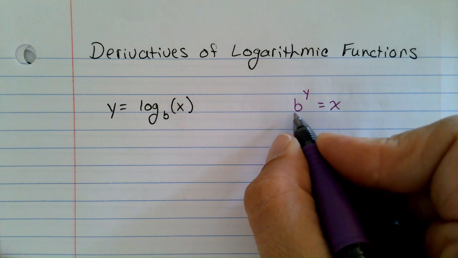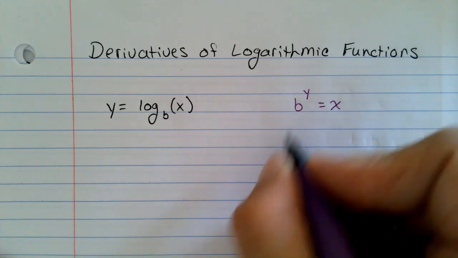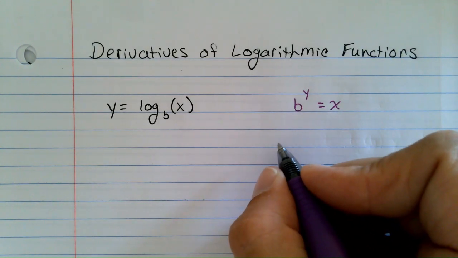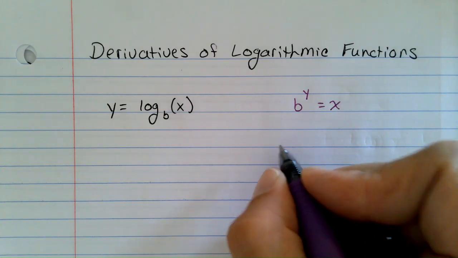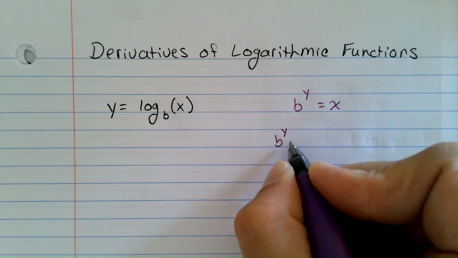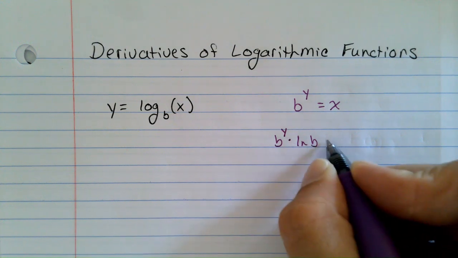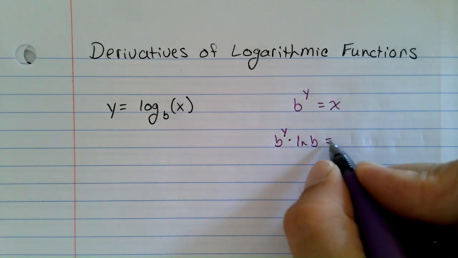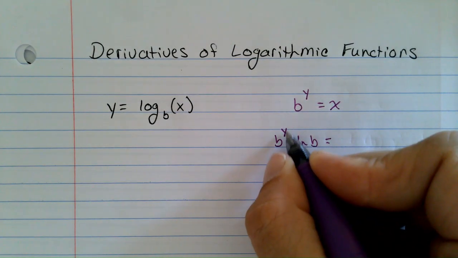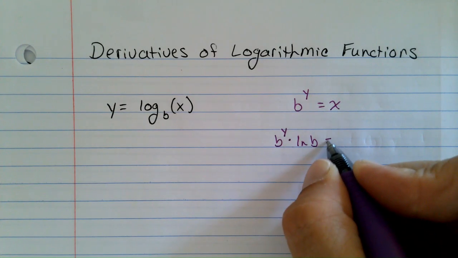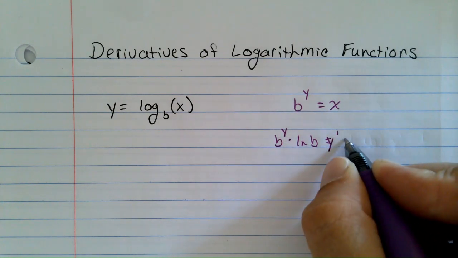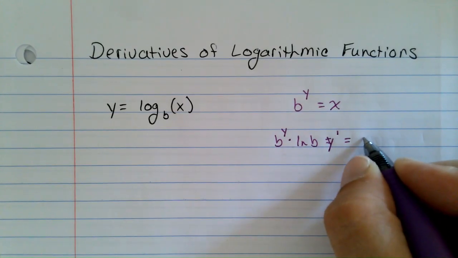So the derivative of this would be b to the y times the natural log of b. And then you have to chain rule, so times the derivative of y, which is y prime. And on this side, we'd have the derivative of x, which is just 1.